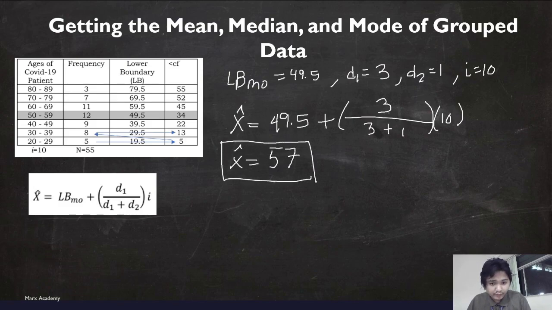So the mode of the group data is 57, and that's how you get the mode of the group data.